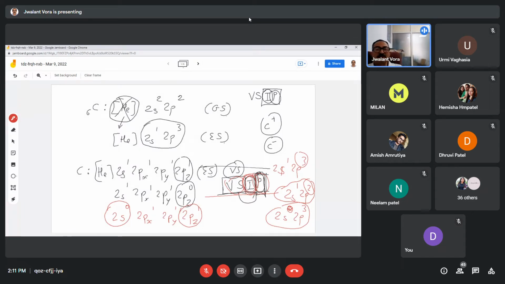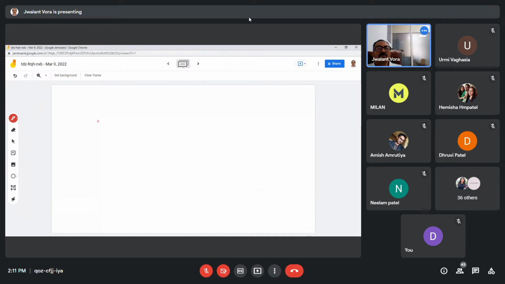Because 2s orbitals are closer to the nucleus, n is equal to 1, n is equal to 2, 2s will be closer to the nucleus, 2p are away from the nucleus. So to remove an electron from the 2s orbital which is closer to the nucleus, a force of attraction will be there between the electron and nucleus.